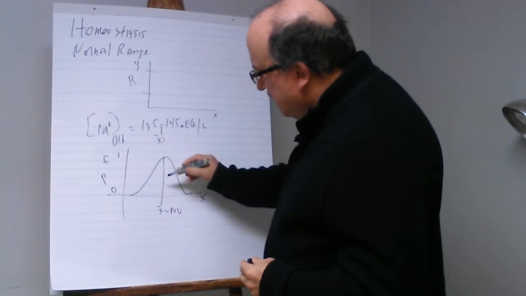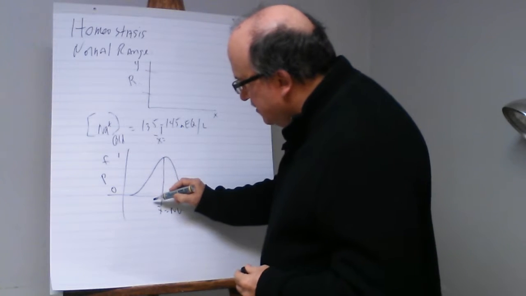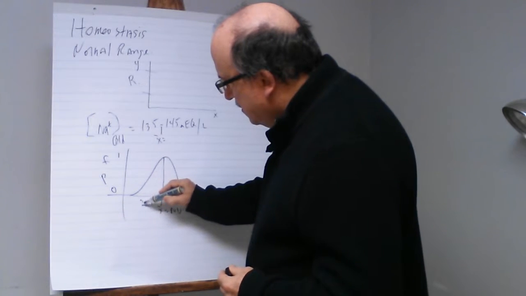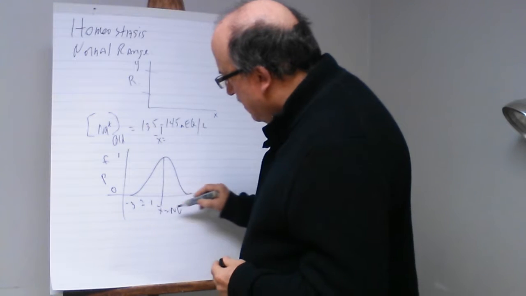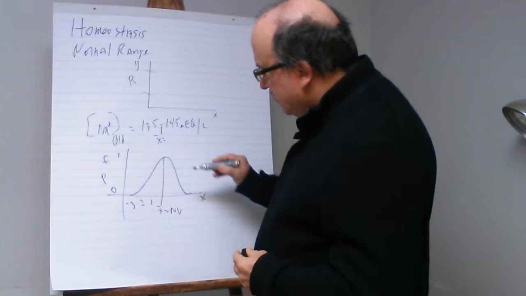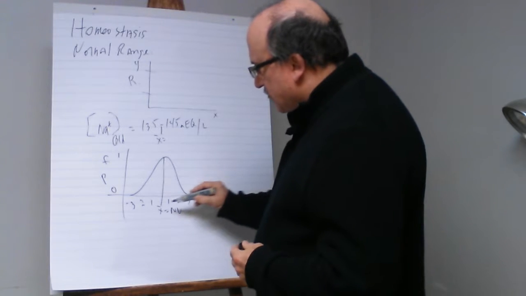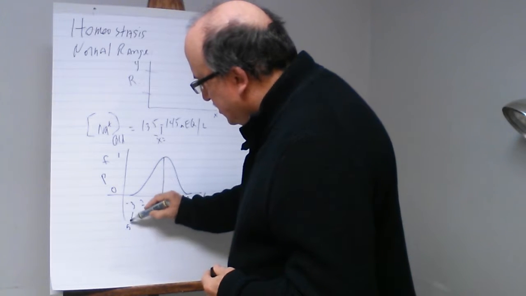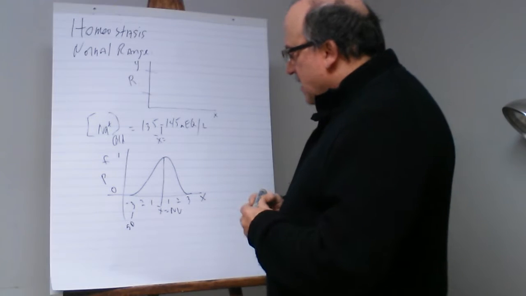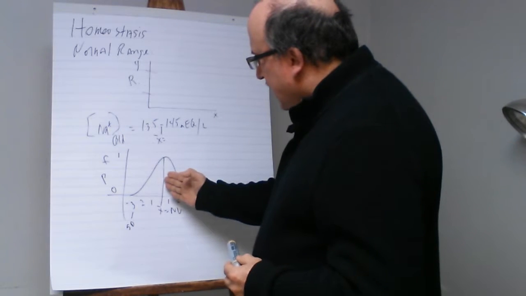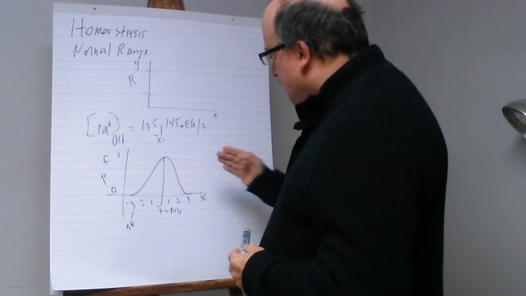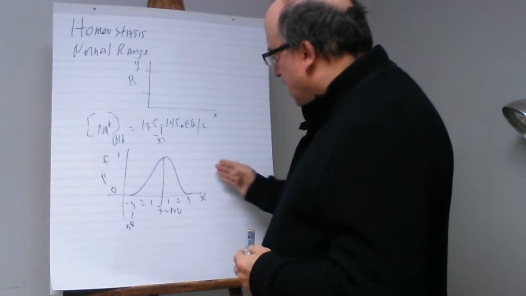On both sides of the mean are your standard deviations of 1, 2, 3 in the minus direction, and 1, 2, 3 in the positive direction. Standard deviation is a math concept which says how far it deviates from the mean.